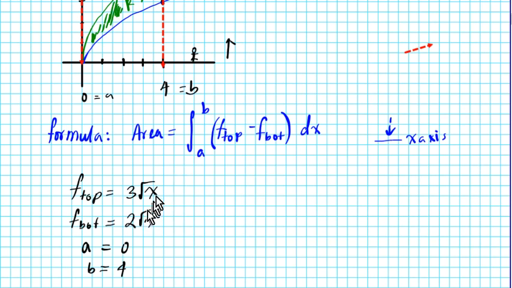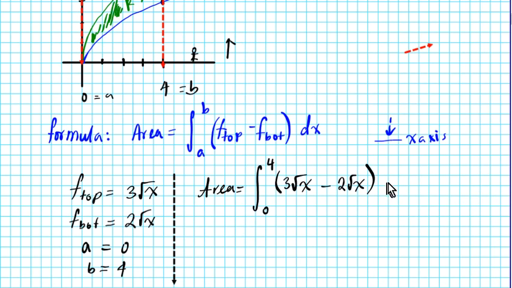So the area is going to be the integral from 0 to 4 of f top, which is 3 root x, minus f bottom, which is 2 root x. And then we're integrating with respect to x.